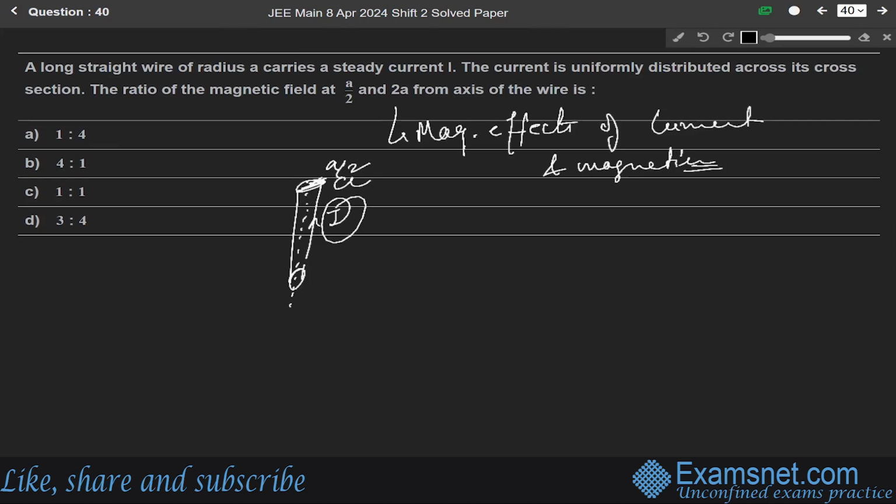Since we know the formula, from Ampere's circuital law, the integral of B dot dl equals mu naught I. So for A by 2 distance, B1 into dl, where dl is 2 pi L, so B1 into 2 pi into A by 2 equals mu naught into I by 4.